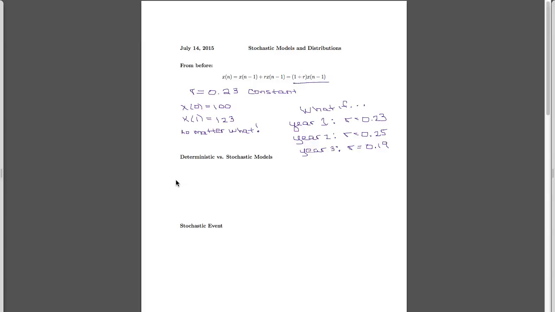And so this brings us to the question of deterministic versus stochastic models. What I want you to keep in mind is that with deterministic models, the final result for the same initial conditions is always the same.